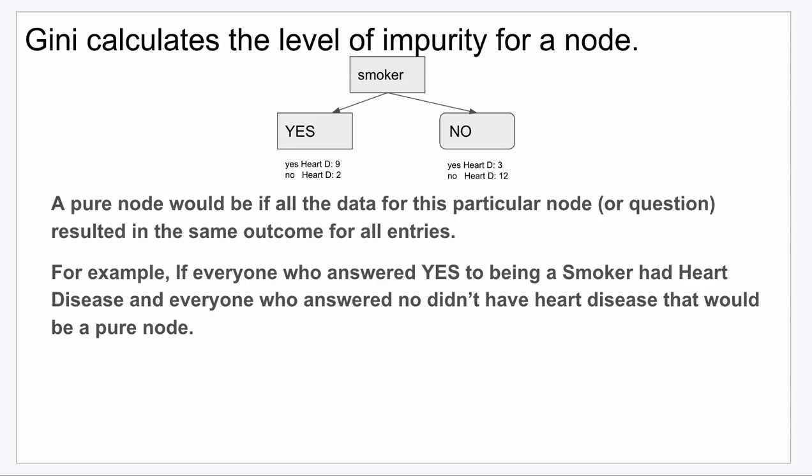Actually, it doesn't even matter. If they said no and 100% had heart disease, that would be a pure node as well. But you get the gist. Usually when you say no, there's a more common chance that you're not going to have heart disease. But anyway, that calculation is run.